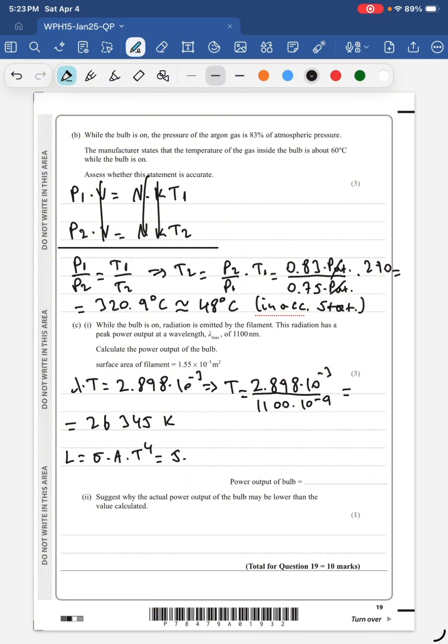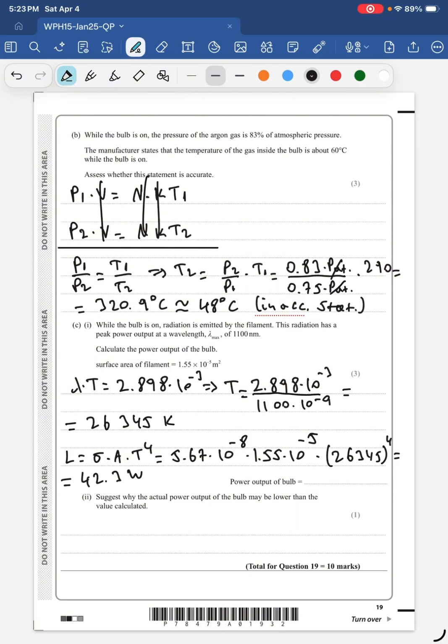So 5.67 times 10 to the negative 8 times the surface area, which is 1.55 times 10 to the negative 5 square meters, times the temperature to the 4th, 26,345 to the 4th, and this yields 42.3 watts, which is the typical wattage of a light bulb.